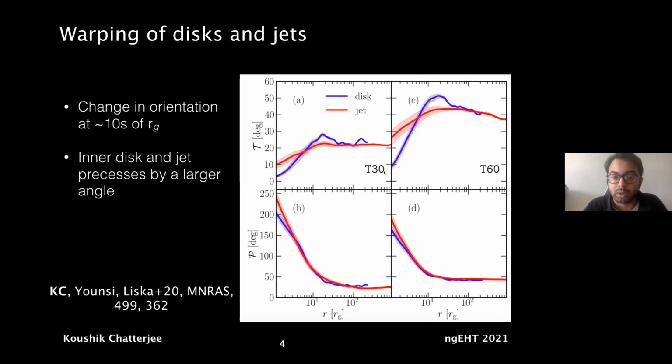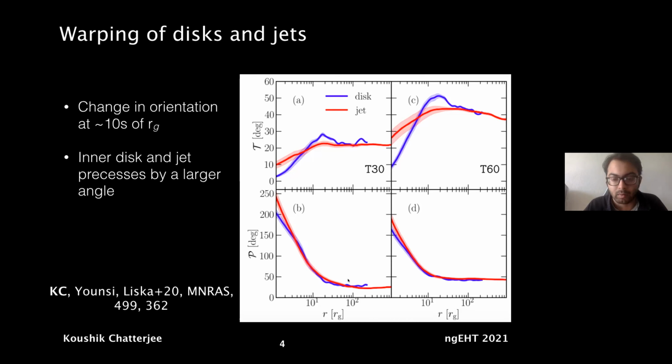You can do the same experiment, but placing the disk at a larger tilt angle, for example, at 60 degrees. And you see that the change in orientation is much larger, so it's much more drastic. Now, another interesting thing that happens in such a model is that the inner part of the disk precesses due to stresses, which I think James Miller-Jones talked about in his presentation earlier today.